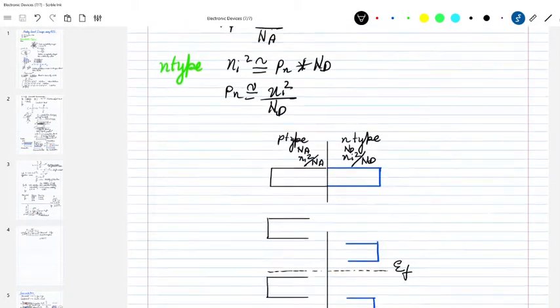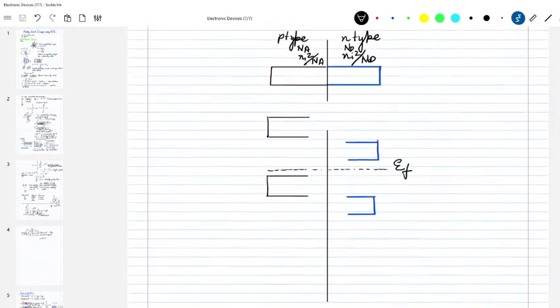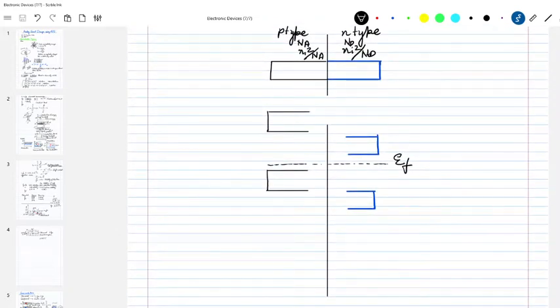Now this has to become equal. The only way it can become equal is if these electrons move to that side. So the electrons are going to move from n-type side to p-type side to balance the energy, right? Then the energy on this side will go up, so the entire band structure will move up. On this side the entire band structure will move down, right?